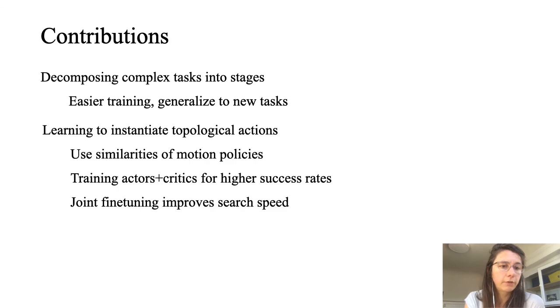When learning motion primitives for the topological actions, we observe similarities of motion policies from humans and facilitate learning of the similarity by designing a joint representation of the rope's geometric state and the topological action parameters. For imitation learning and reinforcement learning, we use both actor and critic networks to improve the success rate. And joint fine-tuning of the topological motion primitives further improved the search space.